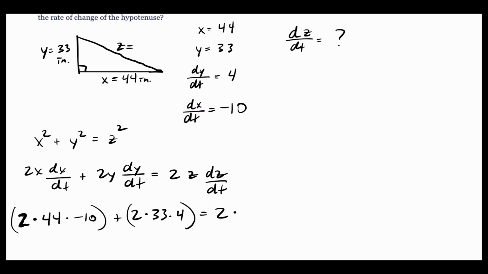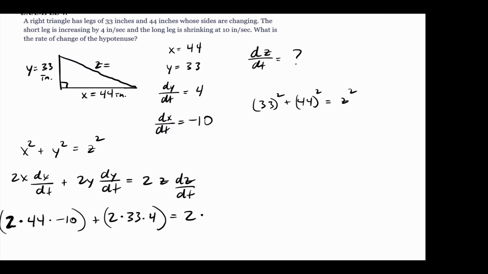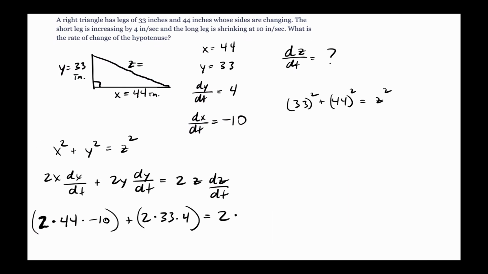You can use the Pythagorean theorem to find z. They didn't give us z, but we could find it. It would be 33 squared plus 44 squared equals z squared. If they want you to do this, it will probably be a calculator question.